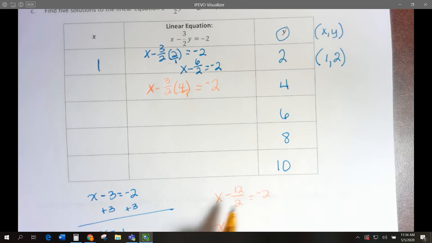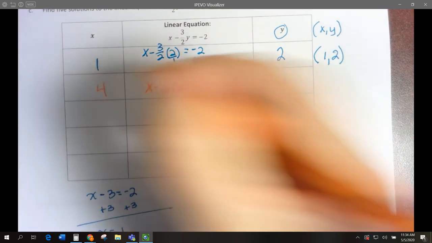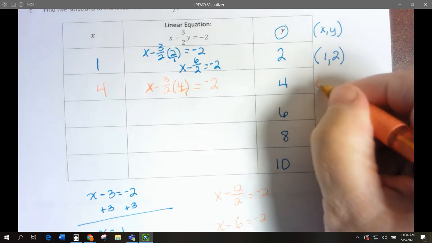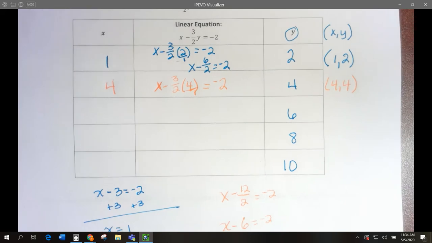So x minus 12 over 2, which is 6, equals negative 2. We add 6 to both sides, and x is going to be 4. So we're going to have 4, 4 for our coordinate pair.